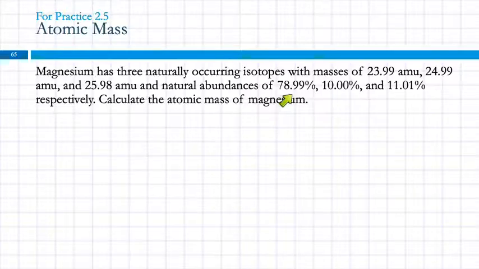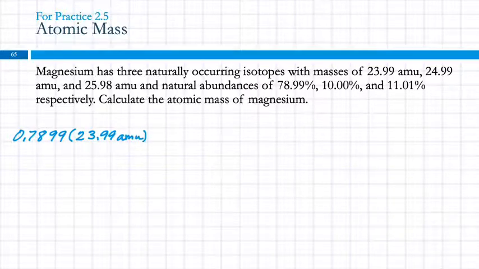So we want to take the percent abundance, 78.99%, and express that in decimal form. So 0.7899. And I'm going to multiply by the mass of that isotope. So I've got the 78.99% with the 23.99. Then the next one is 10%, so that's 0.100, times its mass, 24.99 atomic mass units.